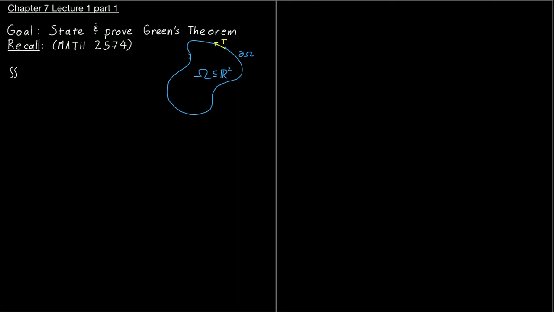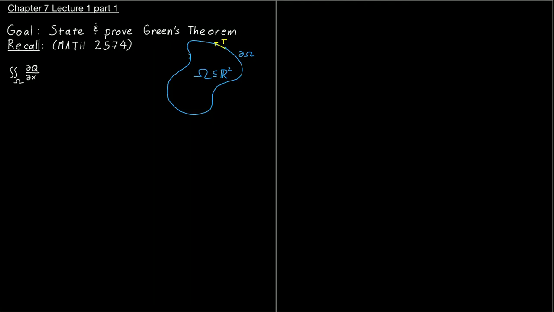The two-dimensional integral over omega of the function partial Q partial x. We're going to be living in two dimensions for a while, so I'm going to go back to using x, y coordinates instead of having the coordinates be x1, x2.